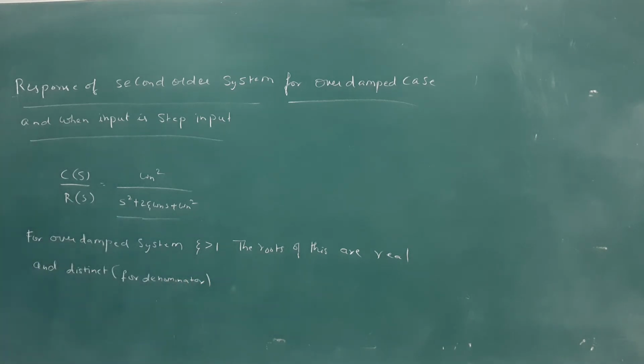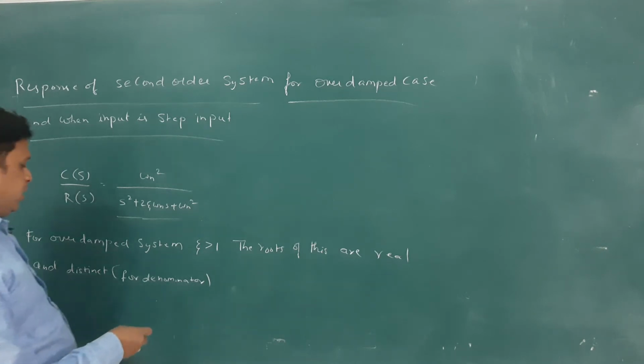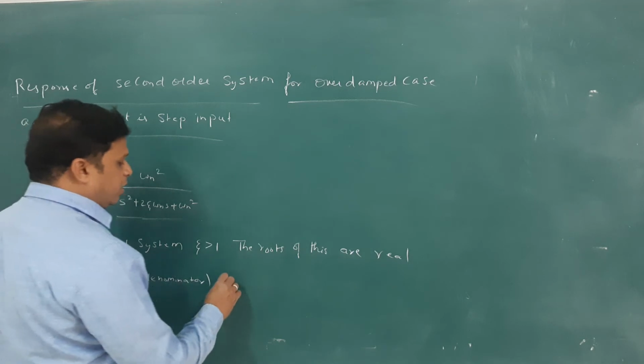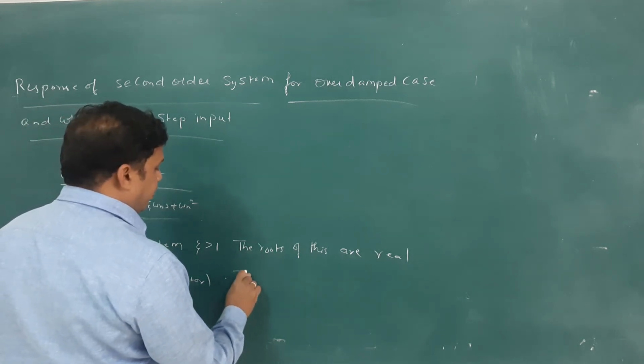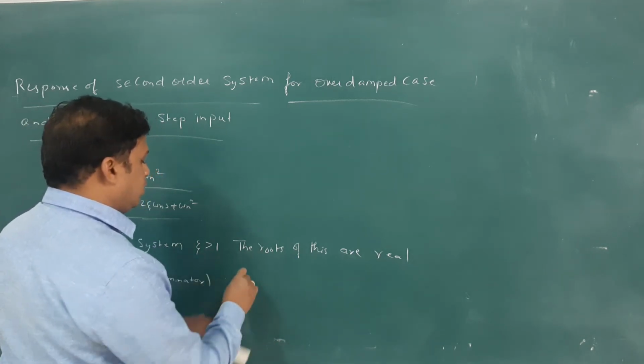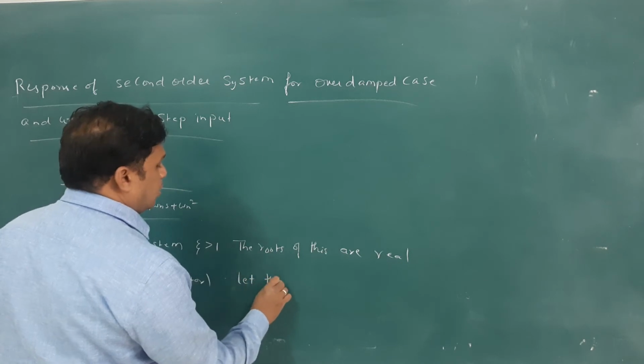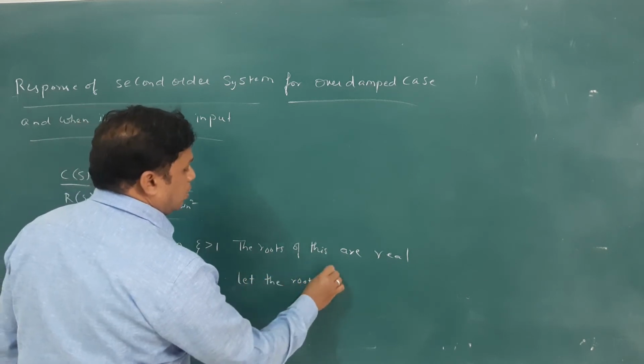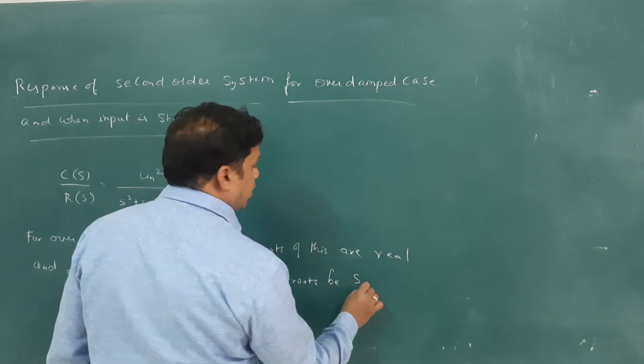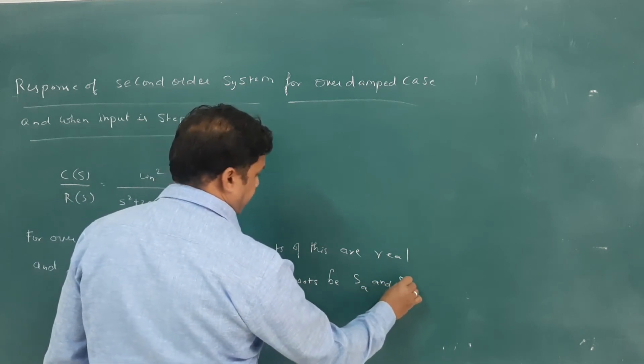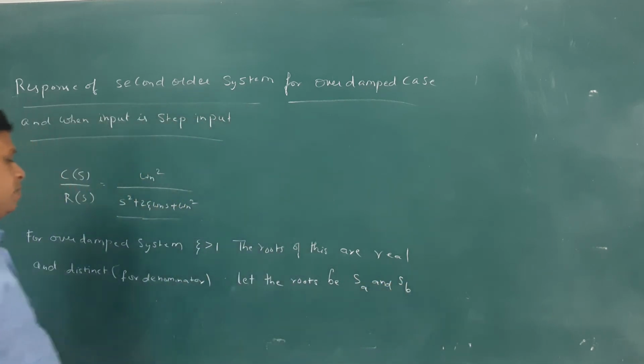If you see this, the roots are real and distinct. Now let the roots be SA and SB respectively.